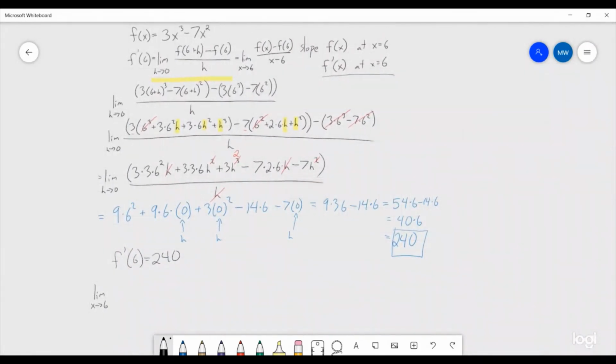Alright, we got 3x cubed minus 7x squared, minus 3 times 6 cubed minus 7 times 6 squared, all over x minus 6.